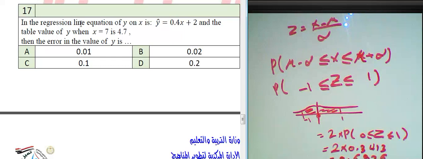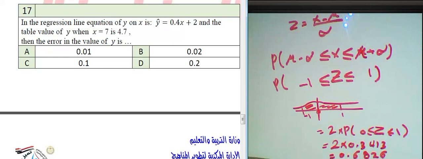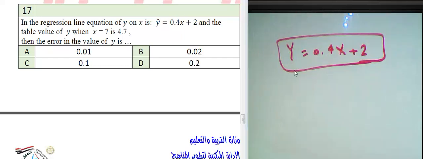In the regression line, the equation of y on x is y equals 0.4x plus 2, and the table value of y when x equals 7 is 4.7, then the error in the value of y equals blank. Look at the relation y equals 0.4x plus 2.